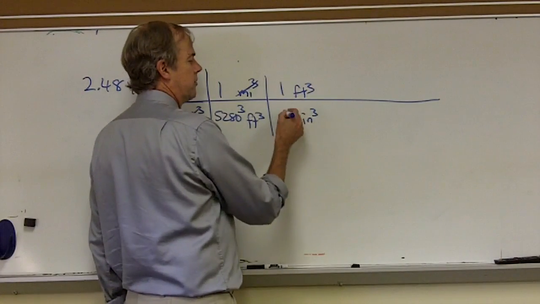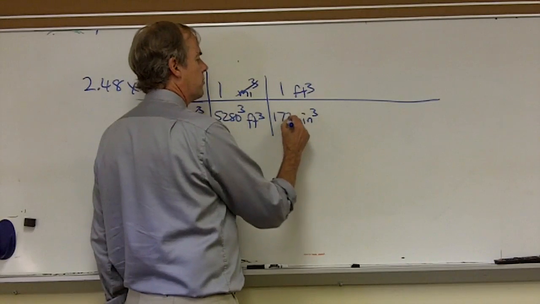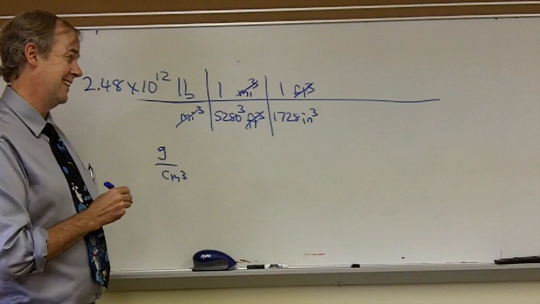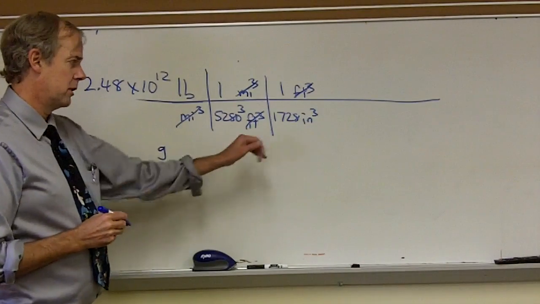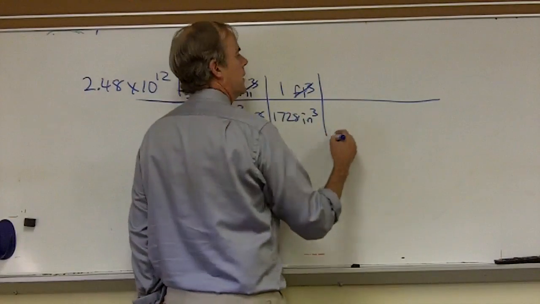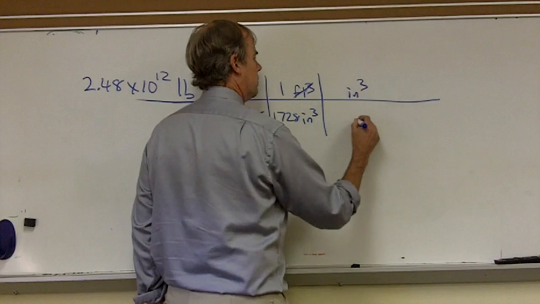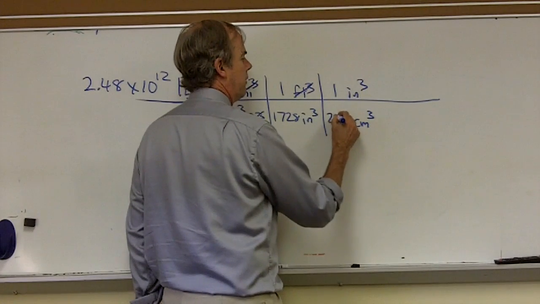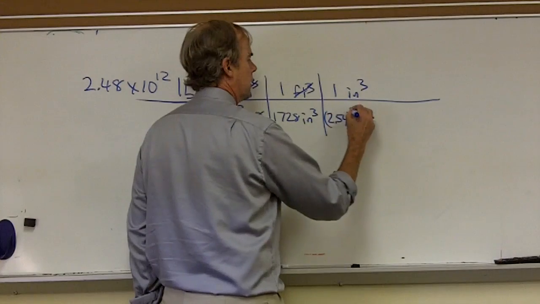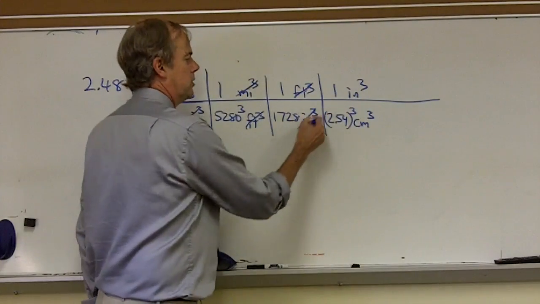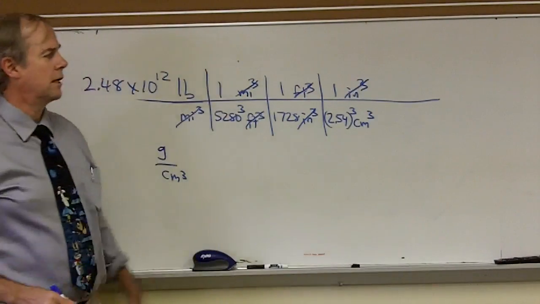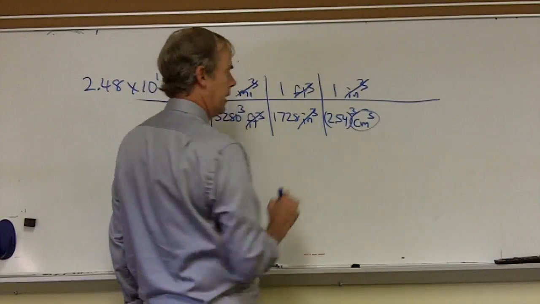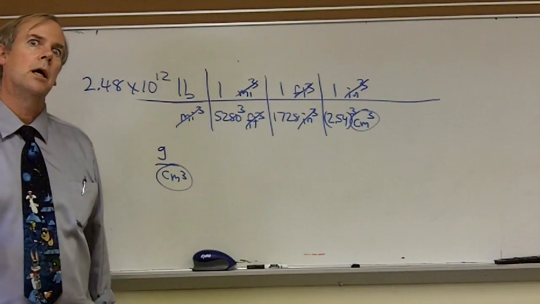One of these is 12 cubed, or 1,728 cubic inches. Done. Now I can make the leap to cubic centimeters. Inches cubed, centimeters cubed. One of these is 2.54 of these cubed. And the cubic inches cancel, I have cubic centimeters. I am done with that denominator. Don't touch it.